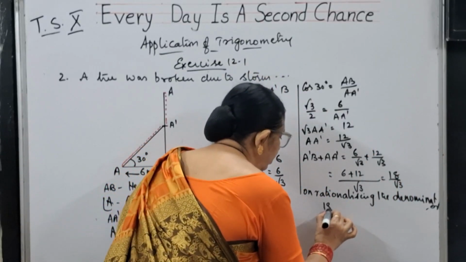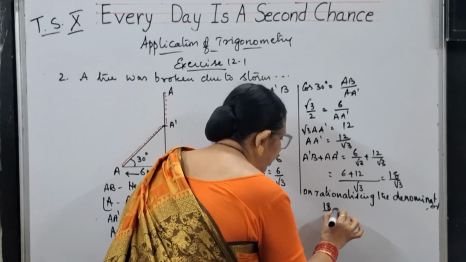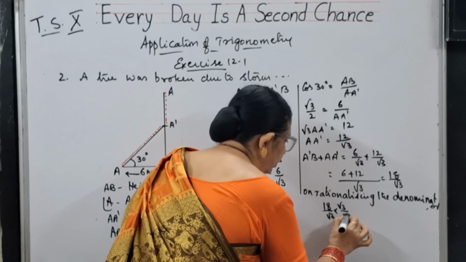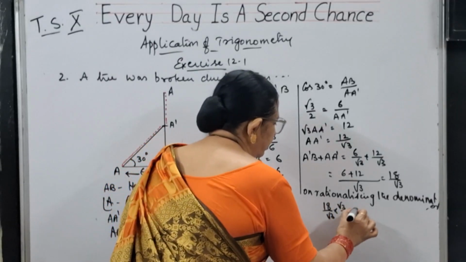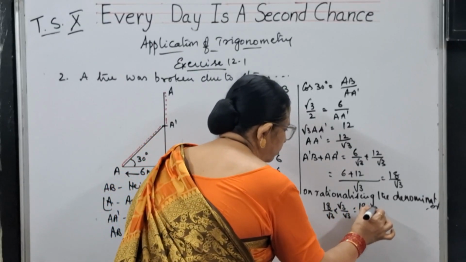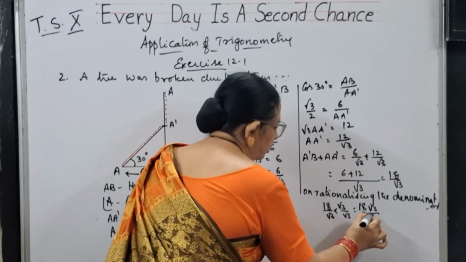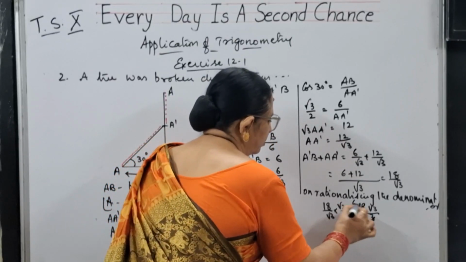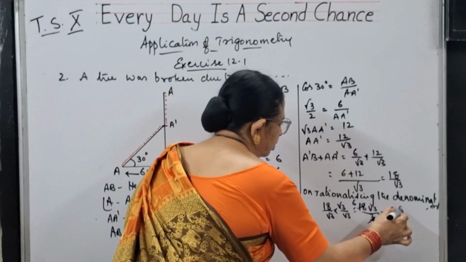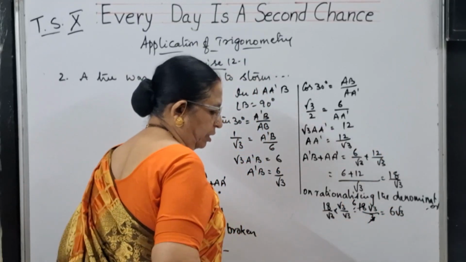What you have to do? 18 by root 3 into root 3 by root 3. So 18 by root 3 into root 3 by root 3 means 18 root 3 by root 3 root 3. Root 3 into root 3 is 3. So 3 ones are 3, 3 sixes are 18, that is 6 root 3 you are getting.